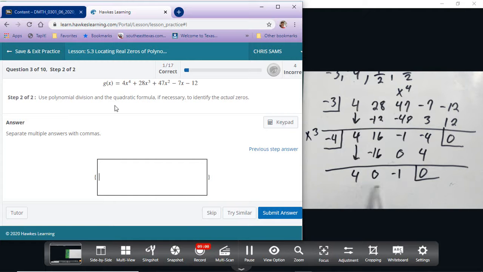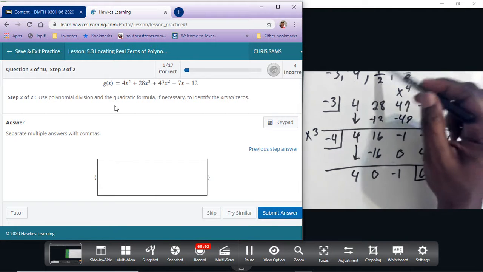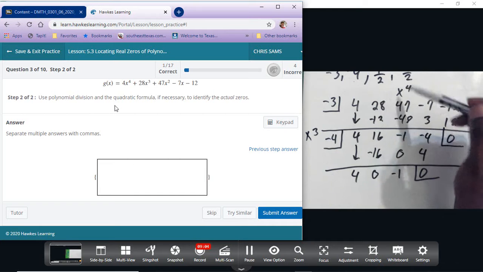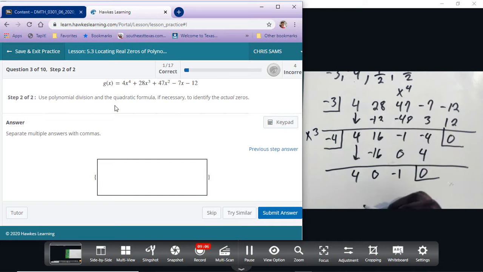I'm gonna do this one by factoring because it's difficult to do it with fractions. So I'm gonna just show you how to do it by factoring. So this is 4x squared, that'd be 0, and then -1. Setting this equal to 0 to factor.